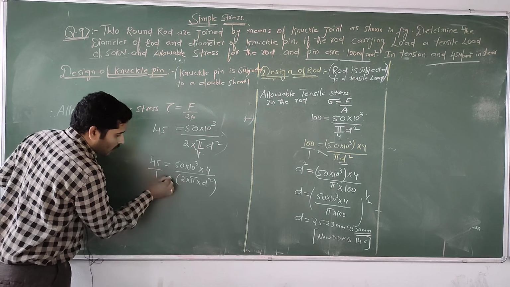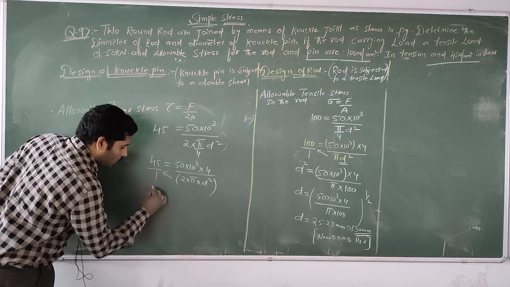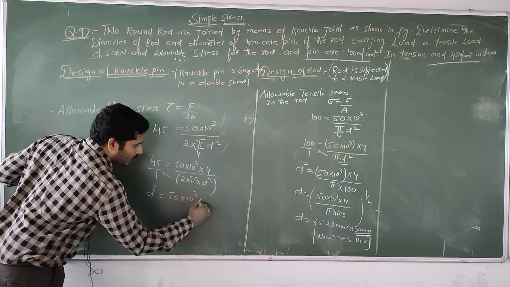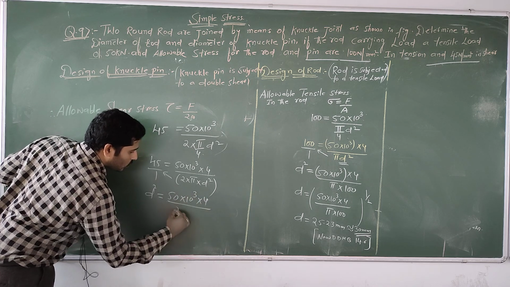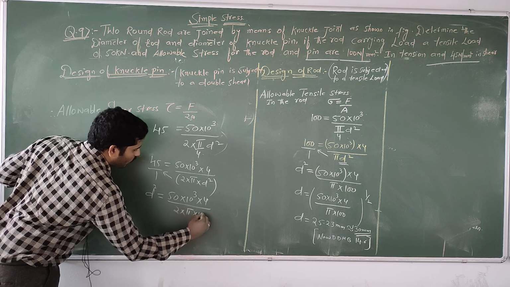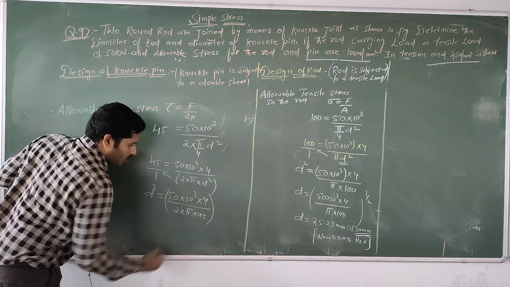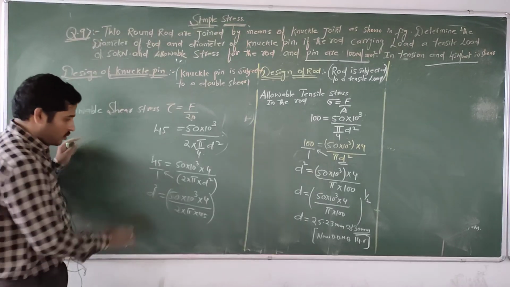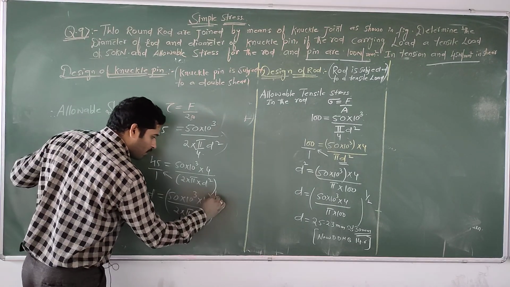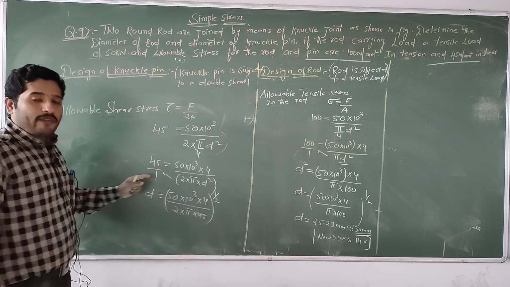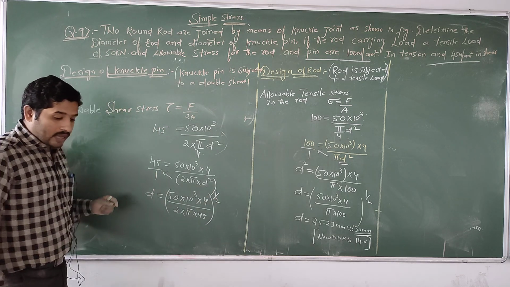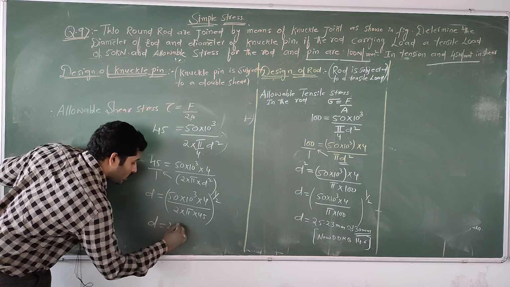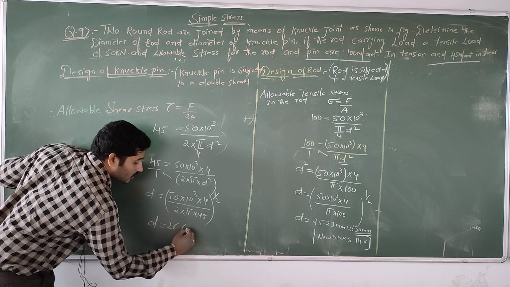Then you need to cross multiply this term. D square equal to 50 into 10 power 3 into 4 by 2 into pi into 45. Then if you remove the power 2, it is made as power 1 by 2. If you calculate, you will get the answer D equal to 26.6 mm.